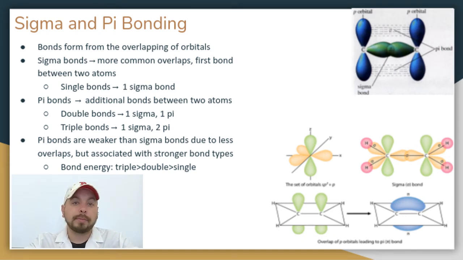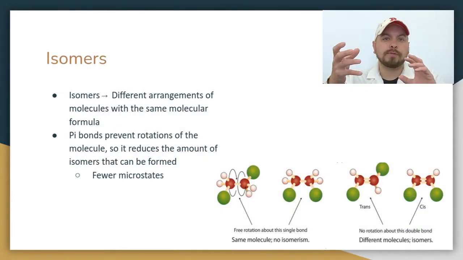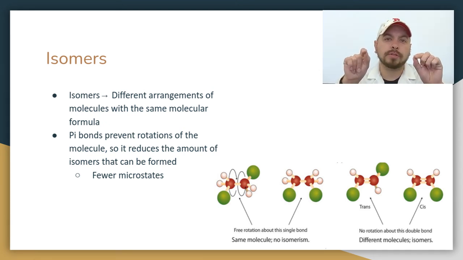We need to be able to count sigma and pi bonds in a molecule. But also we need to understand that sigma and pi bonds play a role in the process by which isomers form. And isomers, remember, are different rotations or organizations or compositions of the same molecule. Pi bonds, because of how the orbitals overlap, prevent the molecule from rotating.